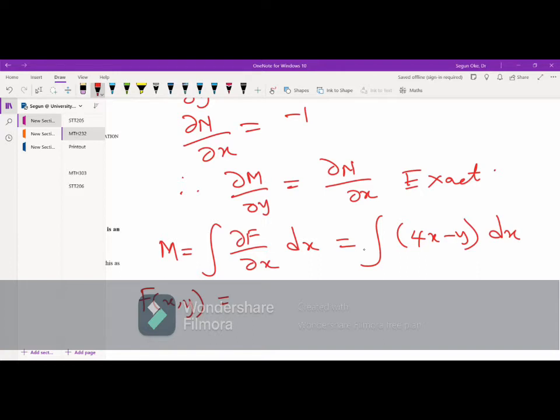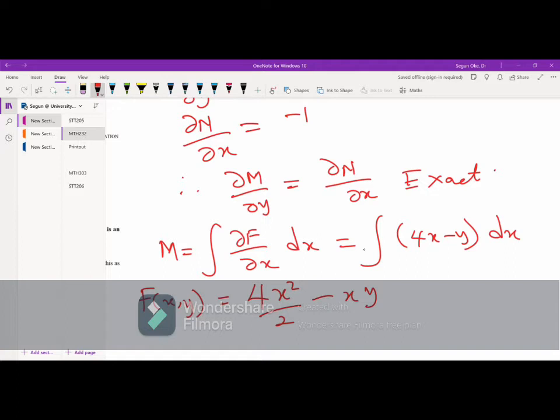If you integrate this with respect to x, you have 4x squared over 2, minus xy.